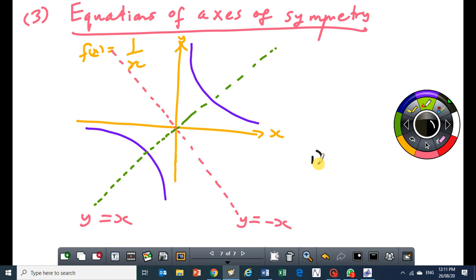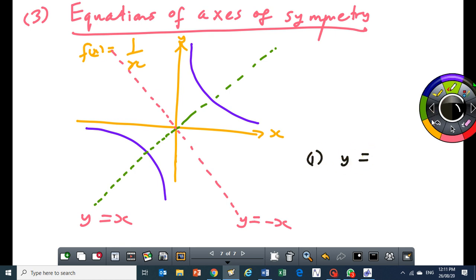You have got y equal to, the one with a positive gradient, it's y equal to x plus q. The one with a negative gradient, it's y equal to minus x plus q.